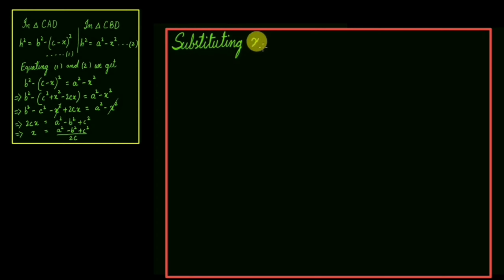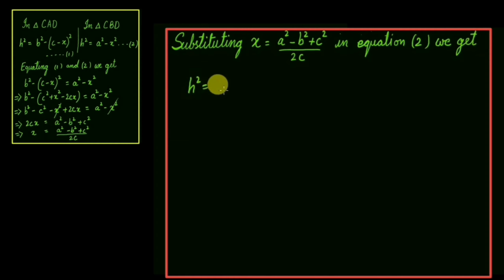So substituting x is equal to (a square minus b square plus c square) by 2c in equation 2, we get h square is equal to a square minus ((a square minus b square plus c square) by 2c) whole square.